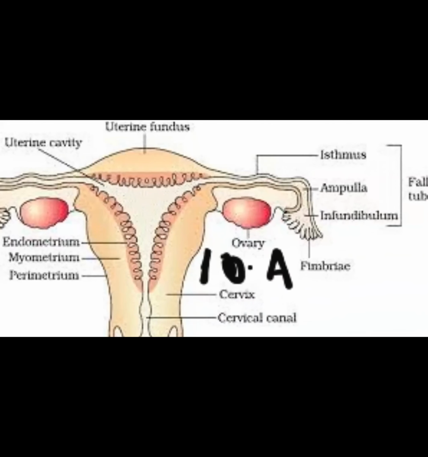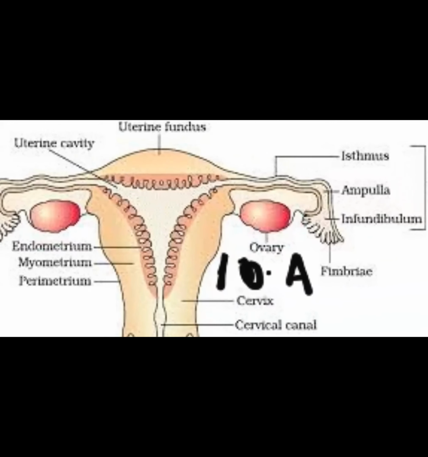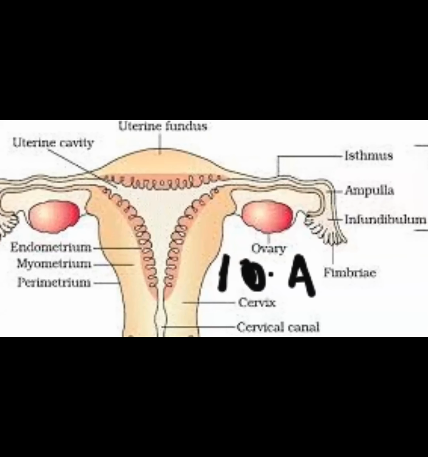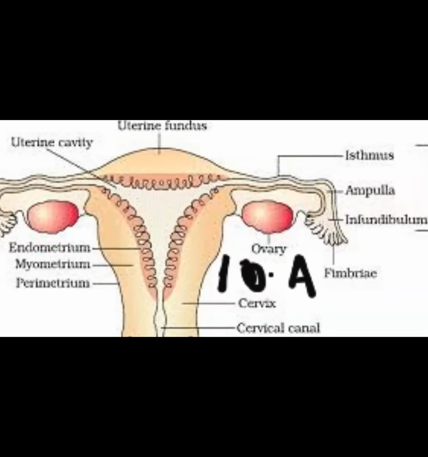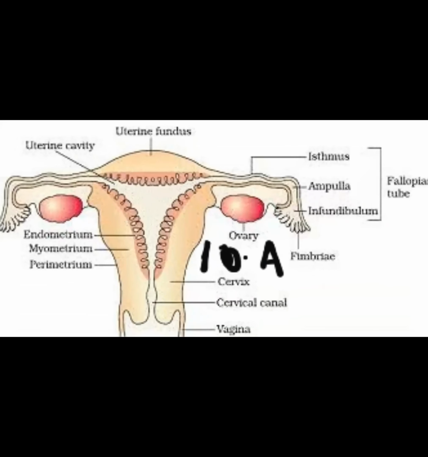As you can see here, the ovaries are attached, one on each side of the uterus, inside the lower part of the abdomen. That's the position of these ovaries.